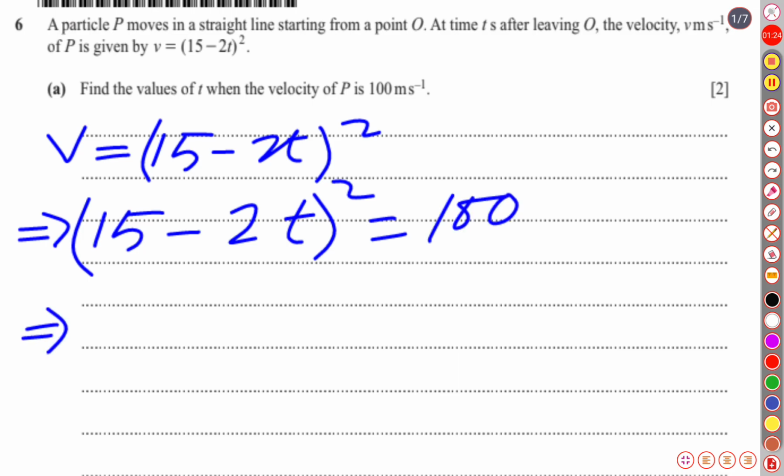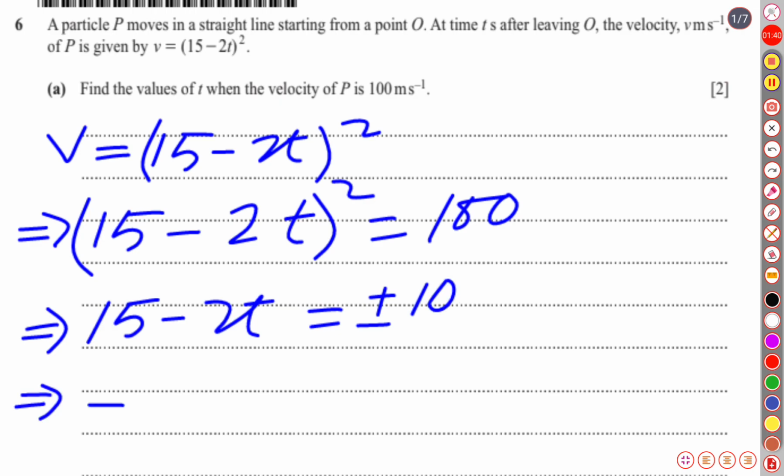If we transpose the square to the other side, the square root of 100 means positive or negative 10. Or minus 2t is equal to negative 15 plus or minus 10.